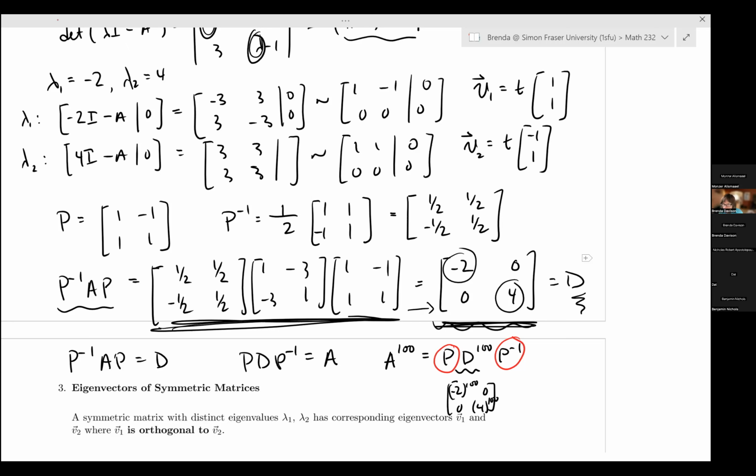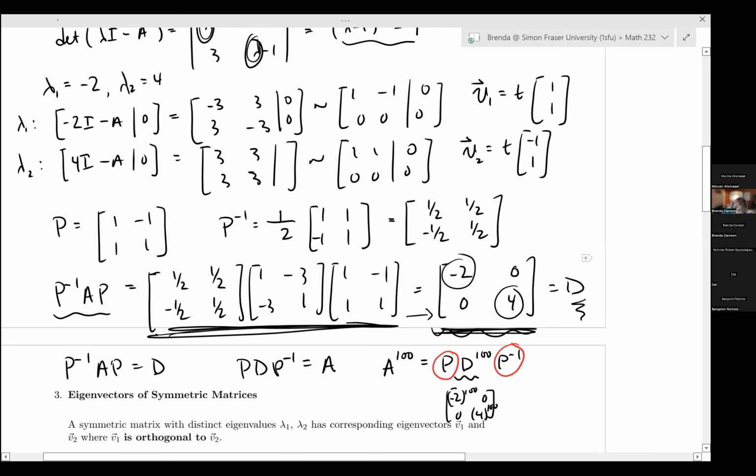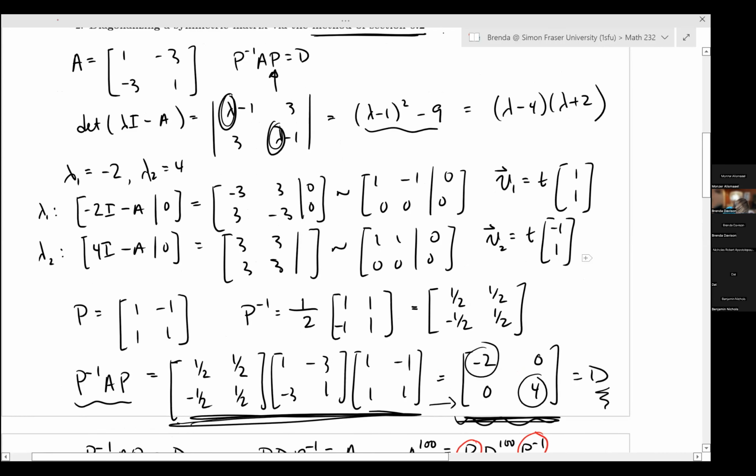Okay, so the other question was, does the order matter? This question has actually come up several times, and that's fine. Let us just see that I called this guy lambda 1, and I called this guy lambda 2. That would be the other order, right? Then this guy instead would be V1, and this guy instead would be V2.